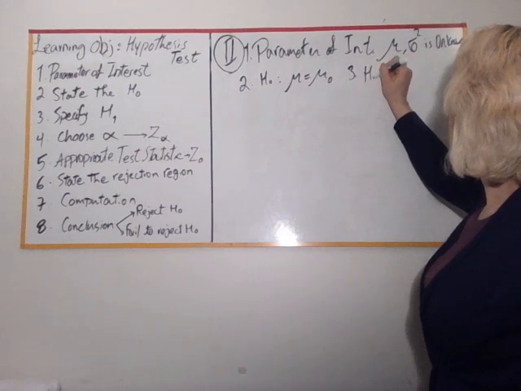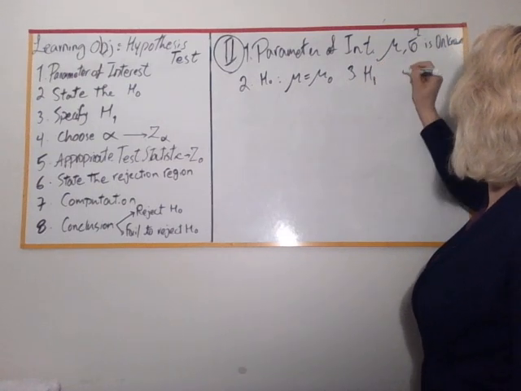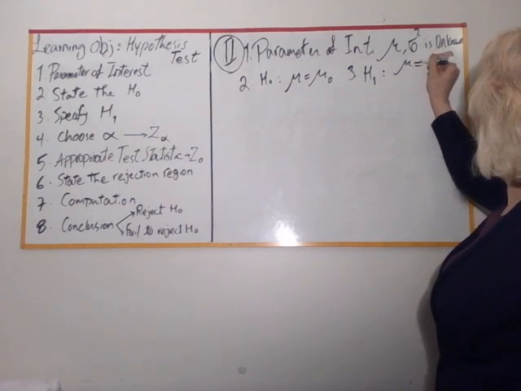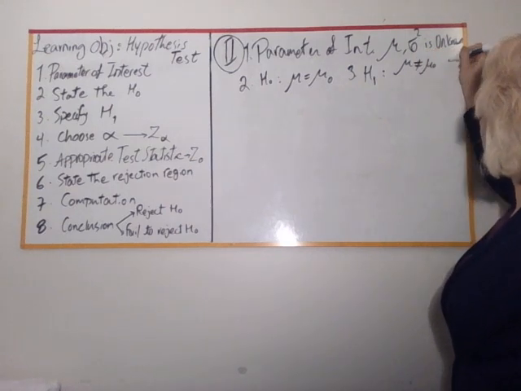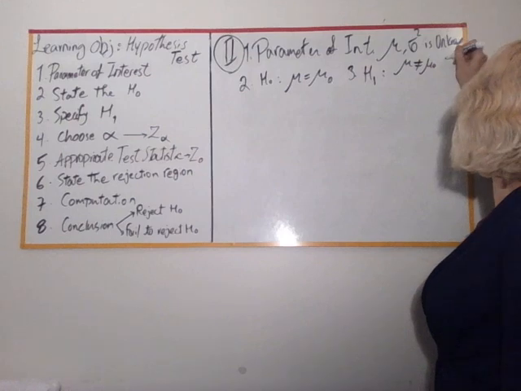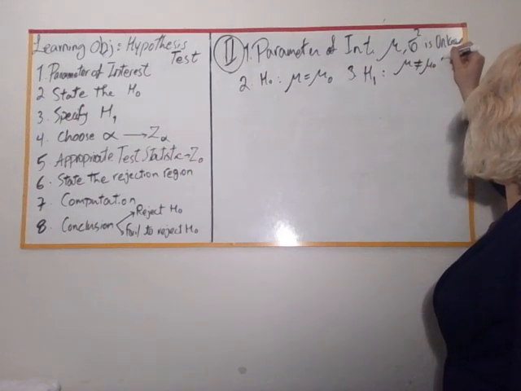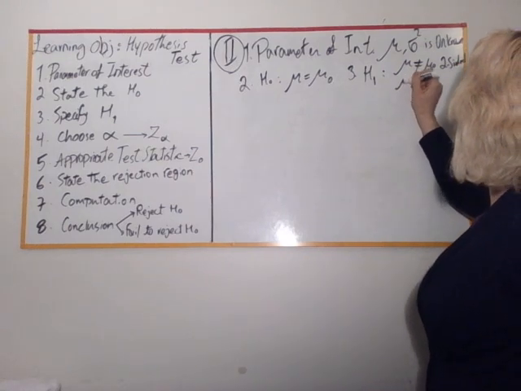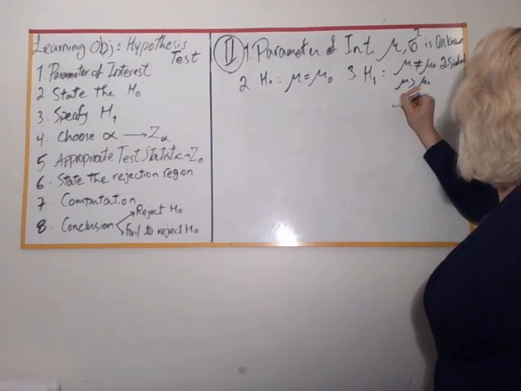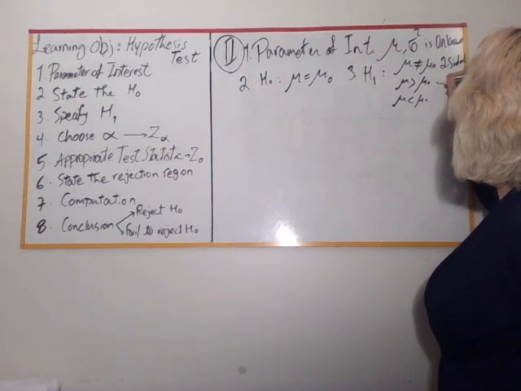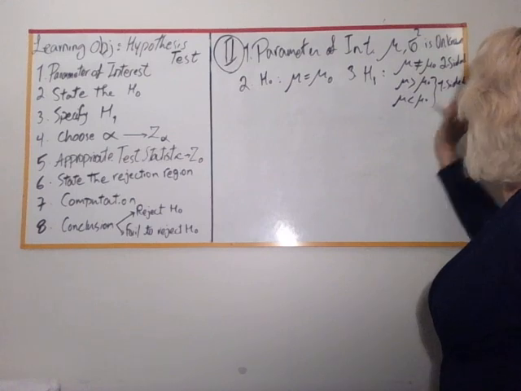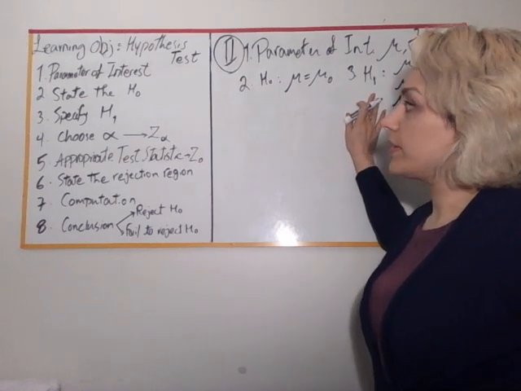The alternative hypothesis would be mu not equal to mu null for a two-sided test, or mu greater than mu null, or mu less than mu null, and these are the one-sided. So that's my alternative hypothesis.